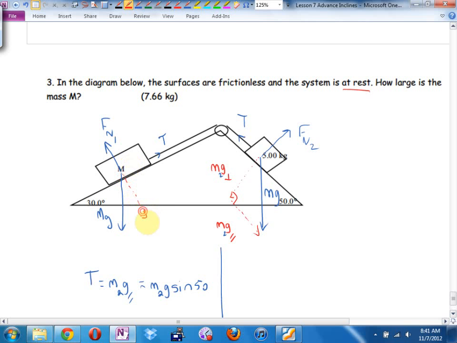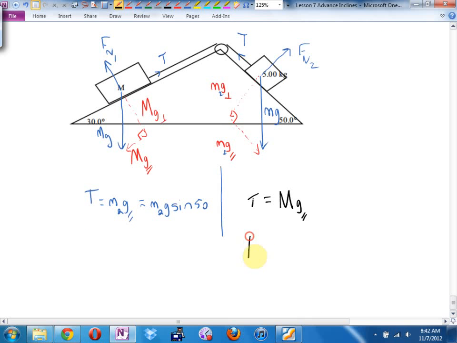This would be big M G perpendicular, and this would be big M G parallel. Ooh, I can write an equation for the parallel forces on the left side too. On the left-hand side, what does tension equal? Can you see it? I think on the left-hand side, tension equals big M, little g, sine 30.